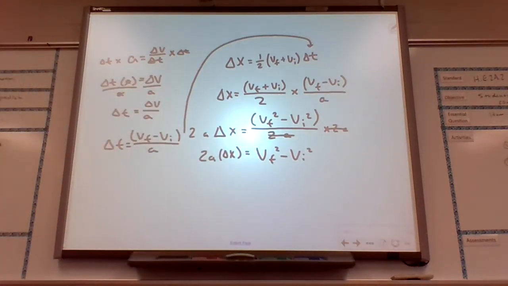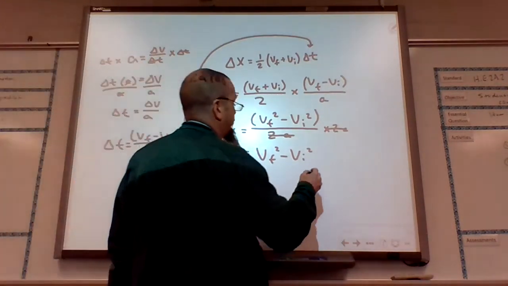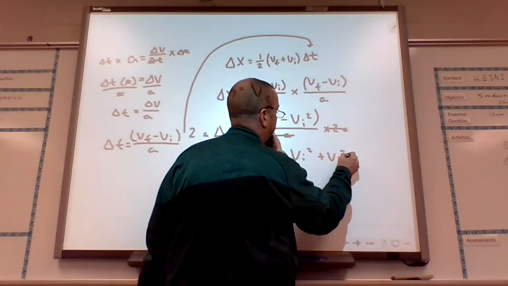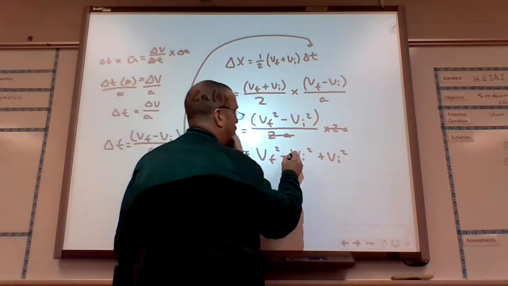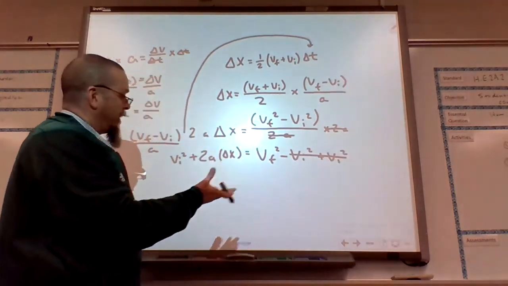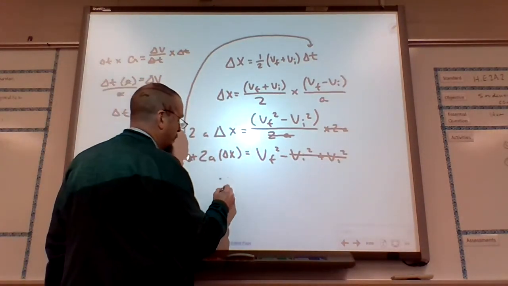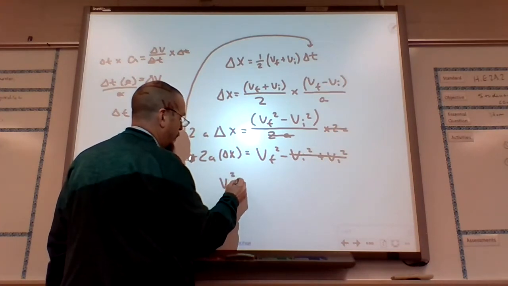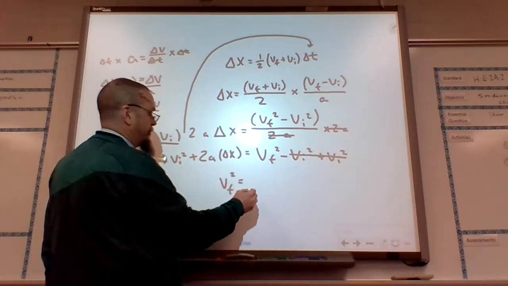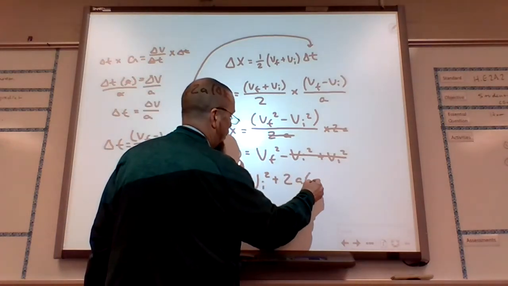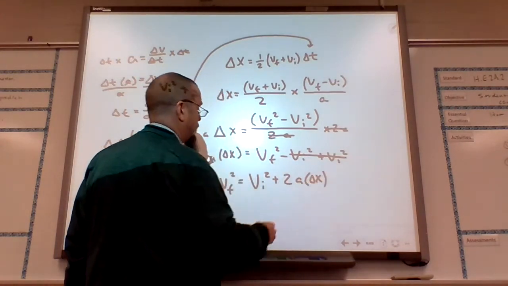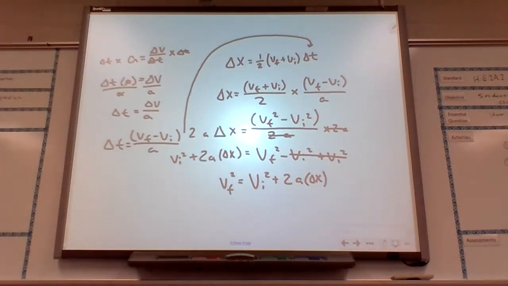And then I'm going to add VI squared to both sides. That all cancels out. Writing it in a standard way with our single variable over on the left, VF squared equals VI squared plus 2A times delta X. That's it. That is our fourth and final kinematic equation.